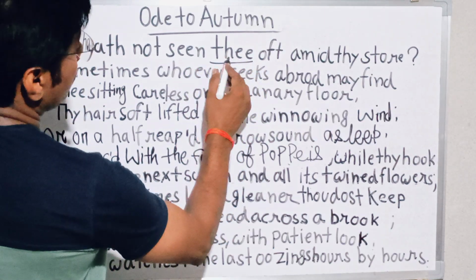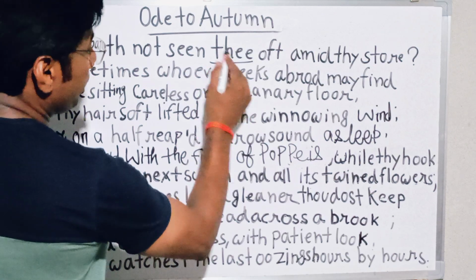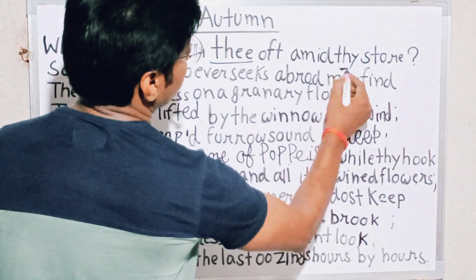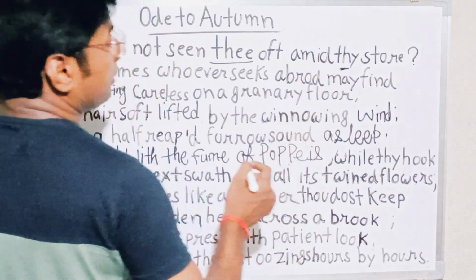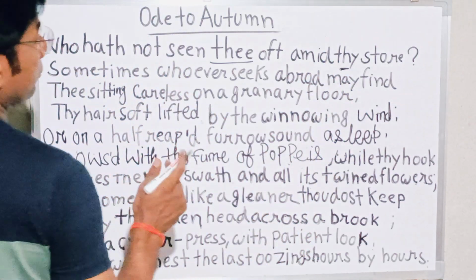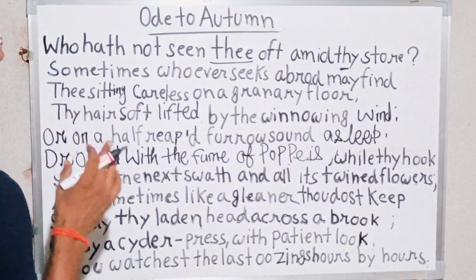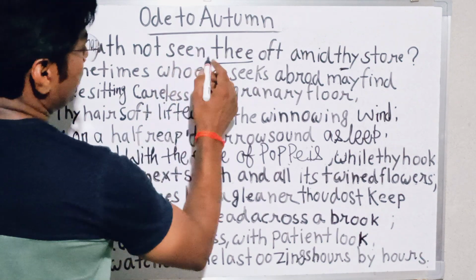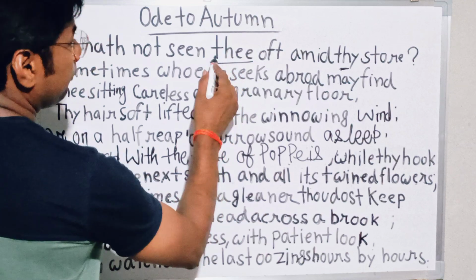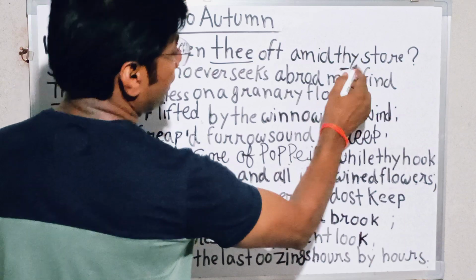Particularly, thee was used in the medieval time for female, and thy as a possessive adjective for women. Now, you is used for one and all, male and female, but in the olden time, in medieval English, thee was particularly used for women, and thy also used as possessive adjective, particularly for women.